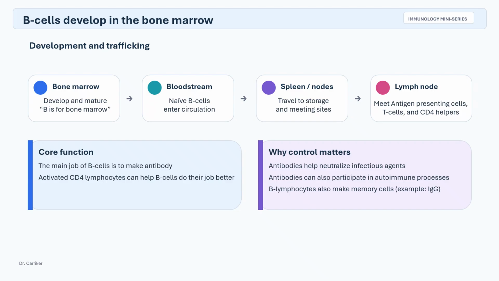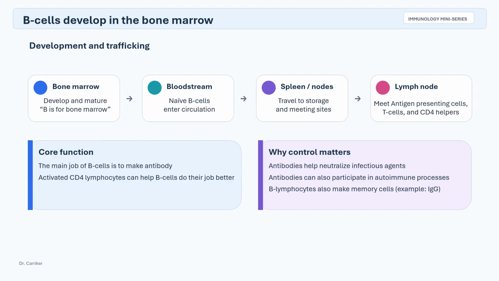This person may have an increased risk of immunosuppression because they lack this storage site for B cells. In the lymph node, the B cells meet up with the T cells for the ultimate lymph node party. Now, B cells, their main function is to make antibodies, and antibodies are part of humoral immunity, meaning they circulate in the body fluids and bind targets more directly than T cell receptors do.